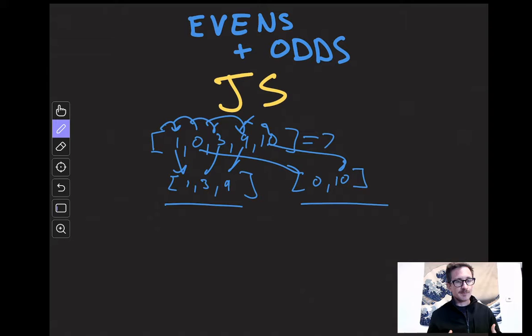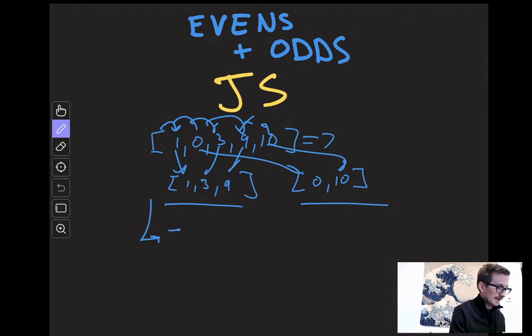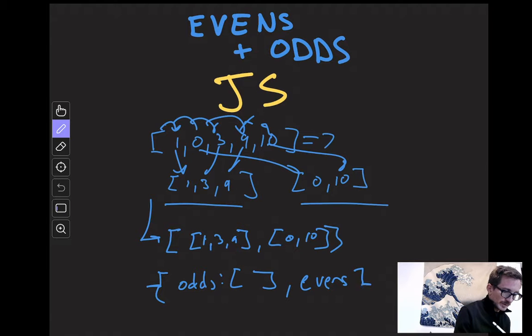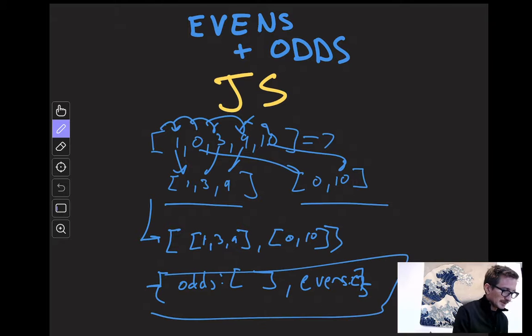Well, we're going to need to return these in either an array of arrays, so we could do it like this, or we could return it as an object with the key odds and the key evens. Either one would work for this brain teaser, but let's go ahead and return the object.